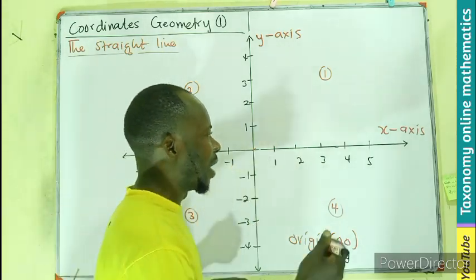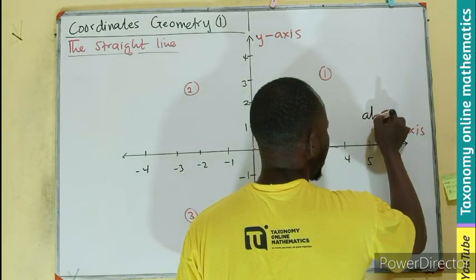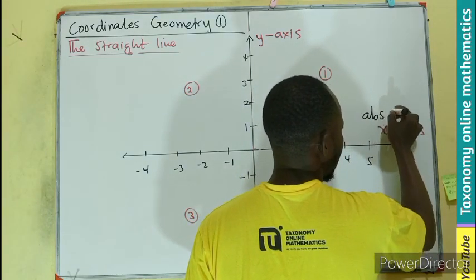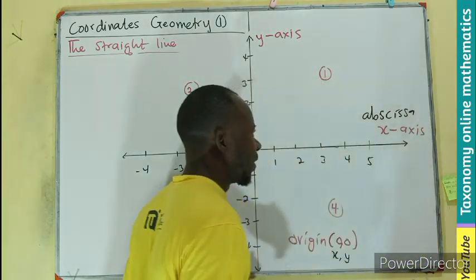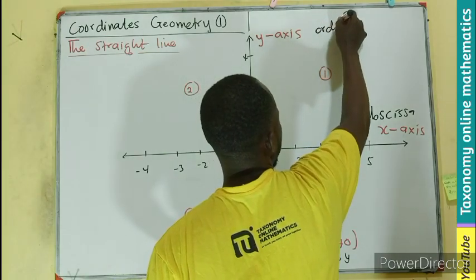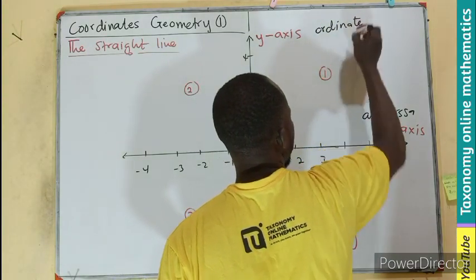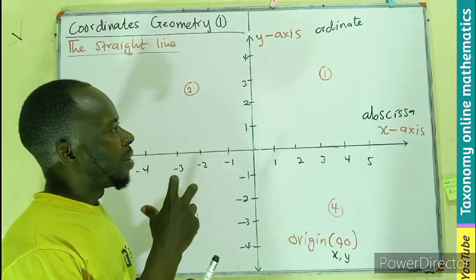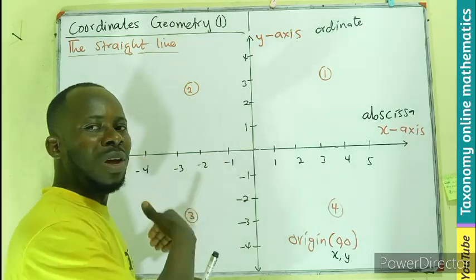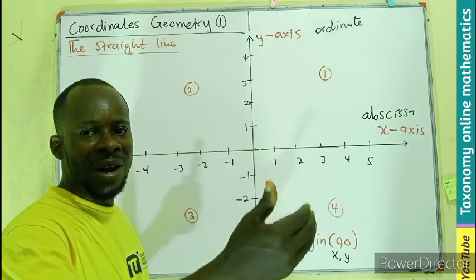The x-axis can also be labeled as the abscissa, then the y-axis can also be labeled as the ordinate.